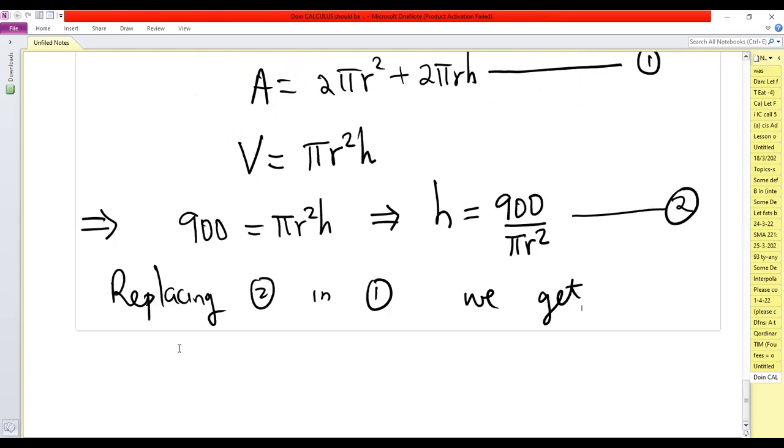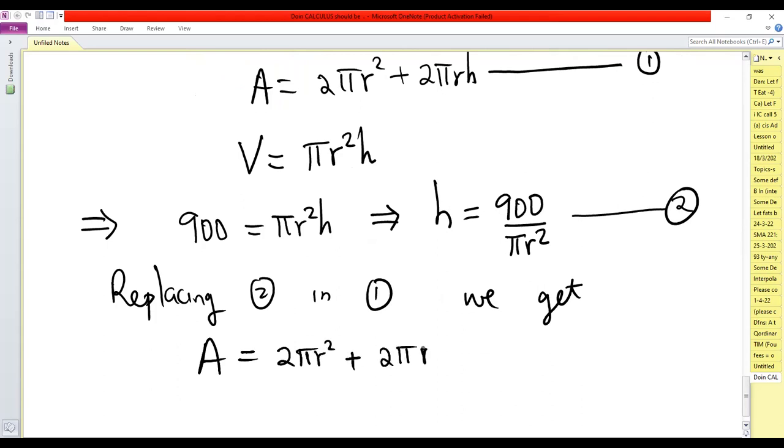The area will be given by 2 pi r squared plus 2 pi r times 900 over pi r squared.